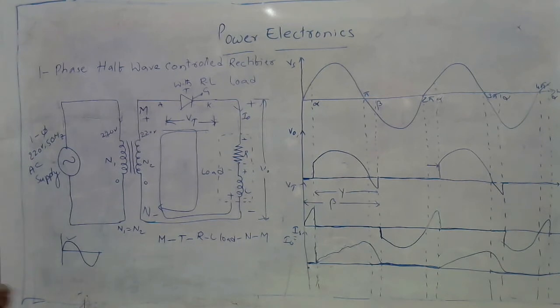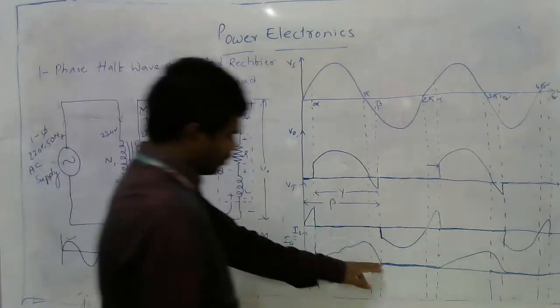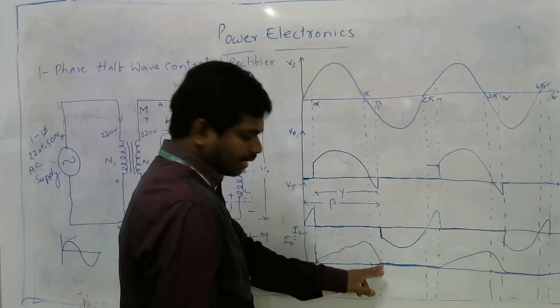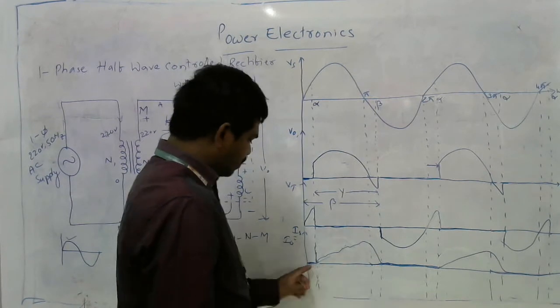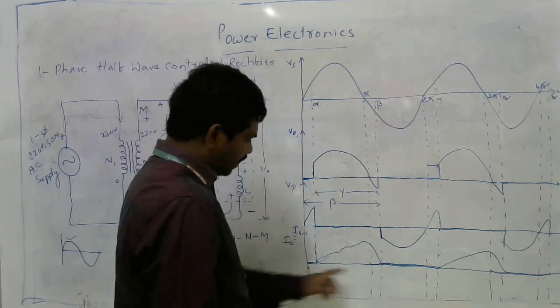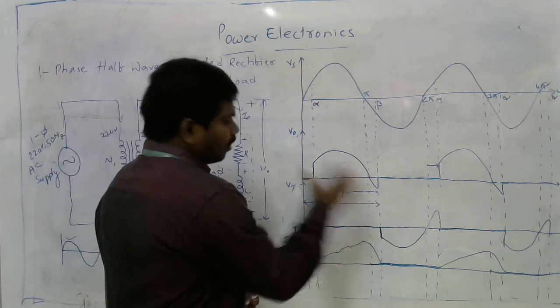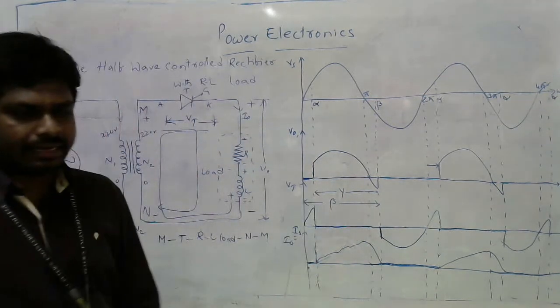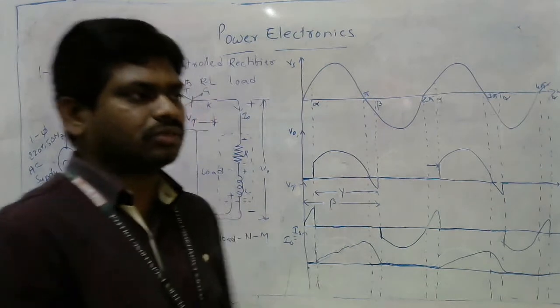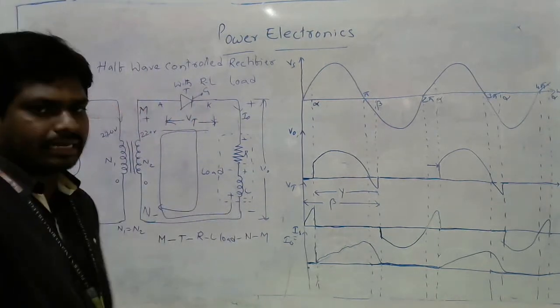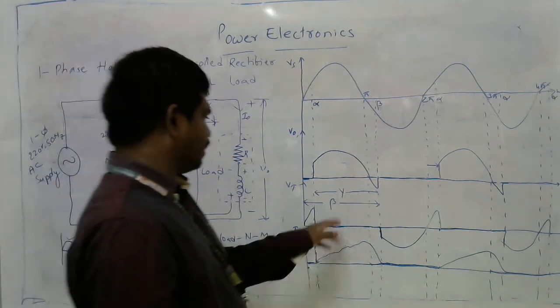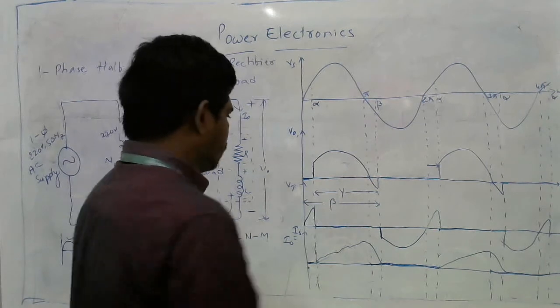This is the instant where the current goes to 0. The duration in between is the extinction angle. So there are three terms clearly given: firing angle, conduction angle, and extinction angle.